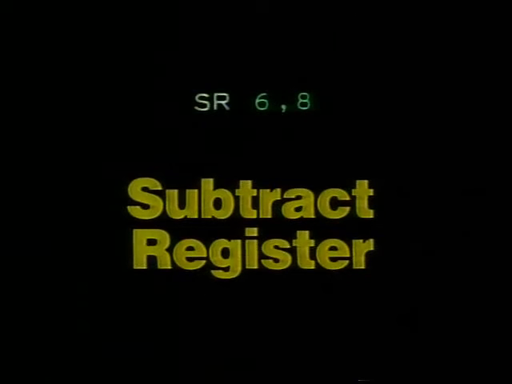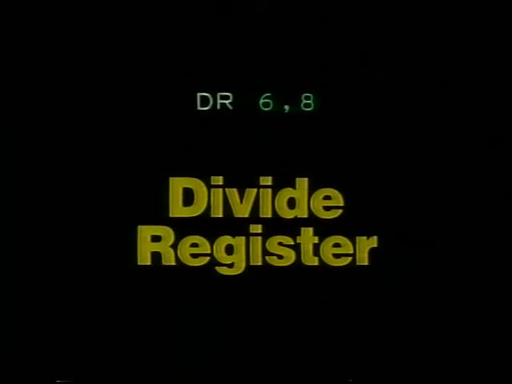You can calculate with binary numbers in registers or using a register and main storage. Like decimal arithmetic, there are instructions that subtract binary numbers, multiply them, and divide them.